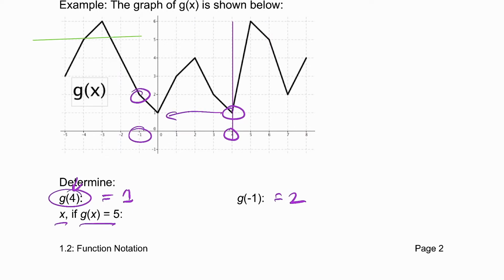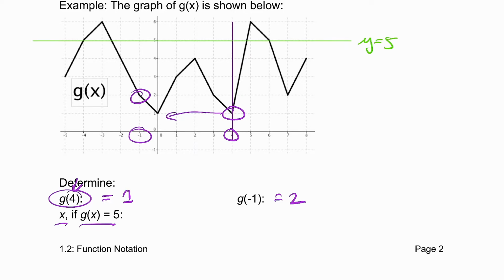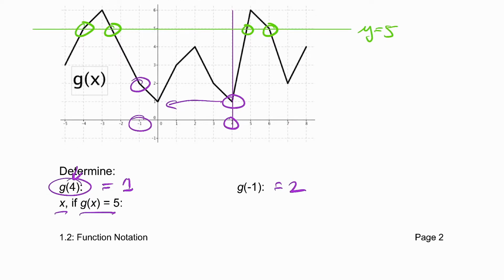So I'm going to draw a horizontal line here in green. So here is y is equal to 5. So in other words, what are the values of x at all the intersections where y is equal to 5 crosses our function here? So in this case, we see that in this function, there's actually 4 places where the answer is actually 5. So two are really apparent, so that's this one.